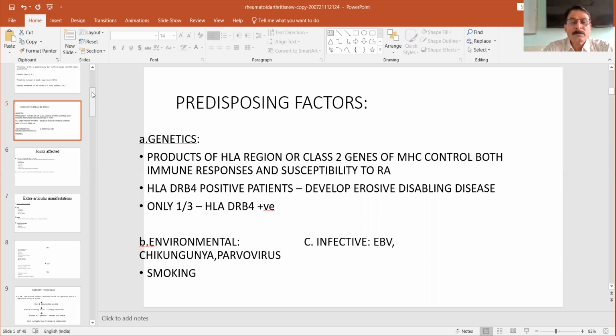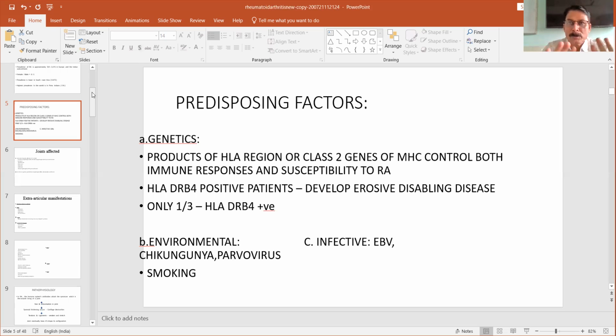Genetically, this is the HLA region class 2 genes. HLA-DR4 positive patients develop more erosion, and one-third of the patients are HLA-DR4 positive. So that means genetically predisposed persons in a favorable environment may end up with rheumatoid arthritis.